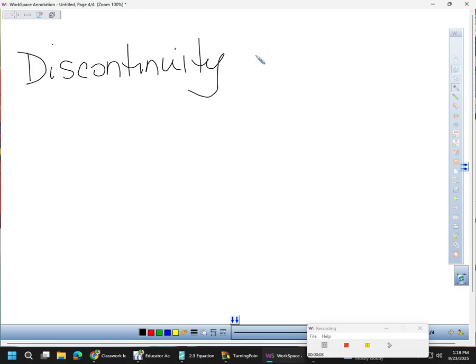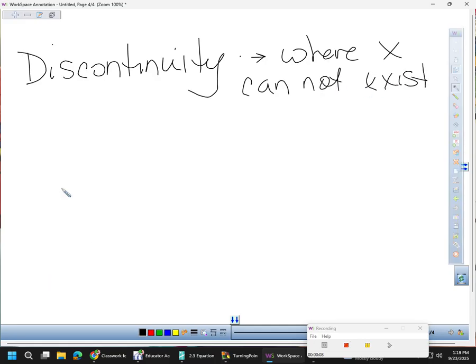Discontinuity is where? Oh my goodness. Right. X cannot exist. We have removable. A removable discontinuity.